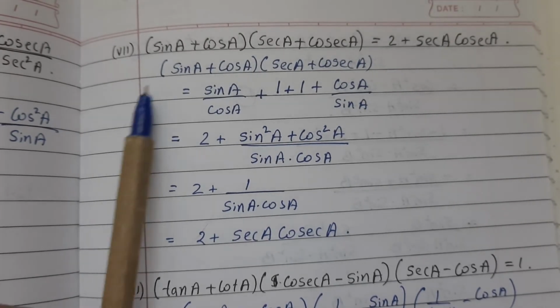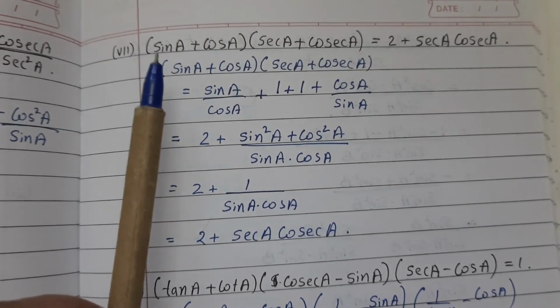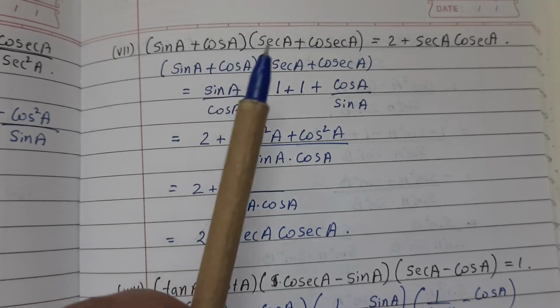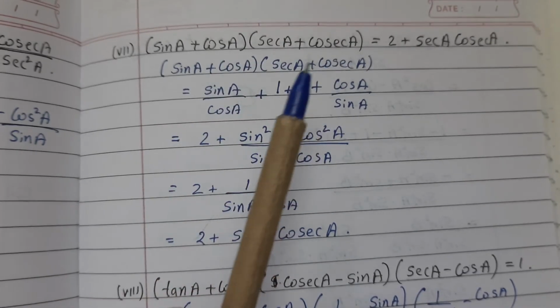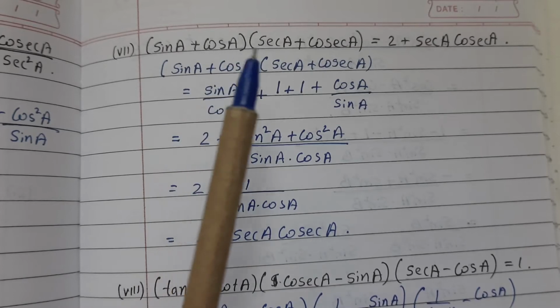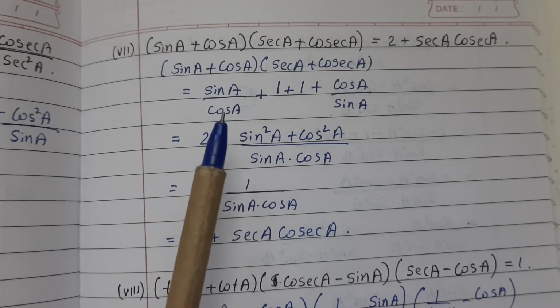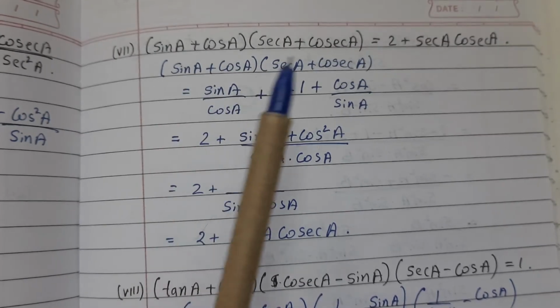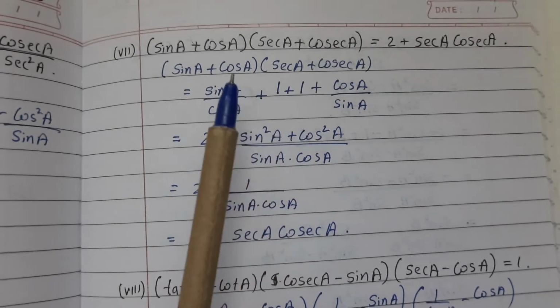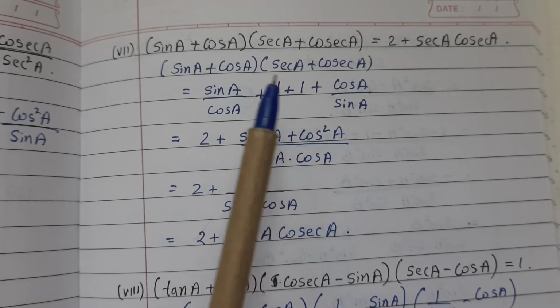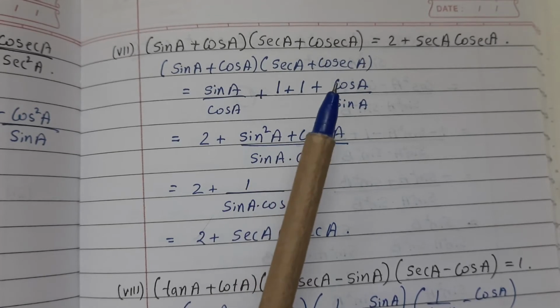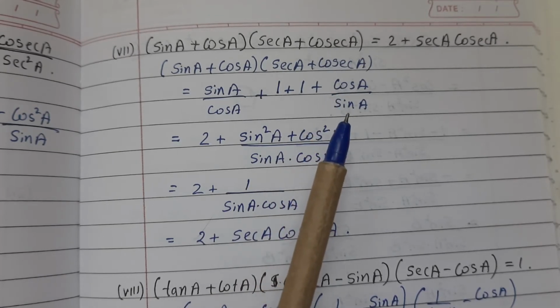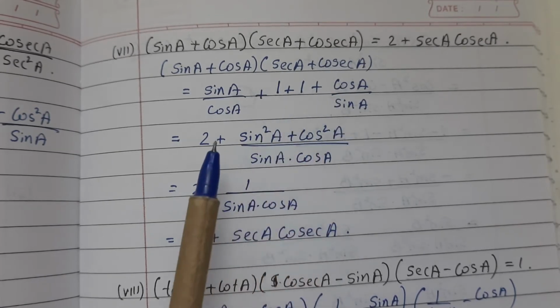Part 7, left hand side is equal to (sin A plus cos A) into (sec A plus cosec A). Open the bracket. Sin A into sec A is sin A upon cos A, plus sin A into cosec A is 1, cos A into sec A is 1, cos A into cosec A is cos A upon sin A. 1 plus 1, 2.